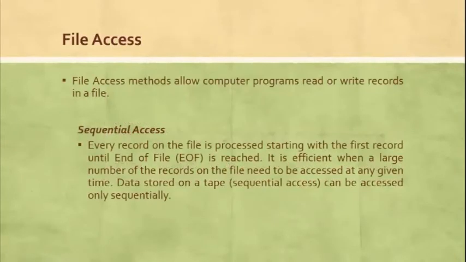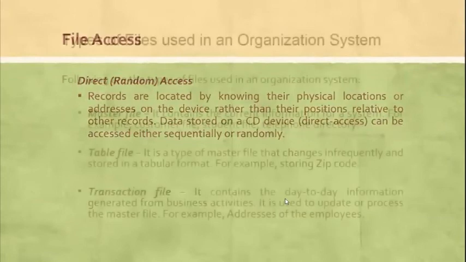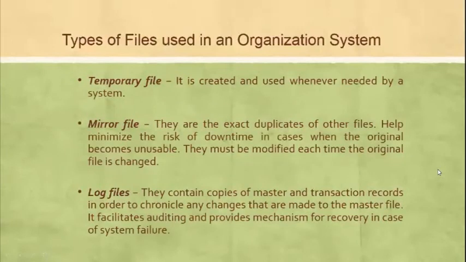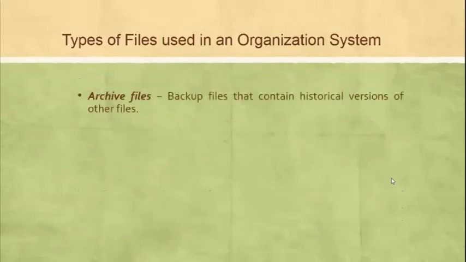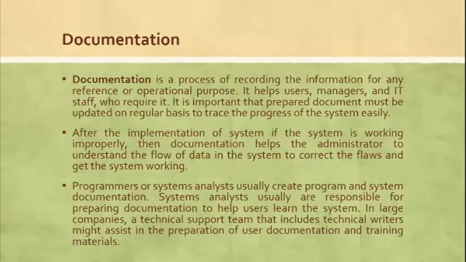Then for the file access, we have discussed and defined sequential access, direct random access, and then the different types of files used in an organization system. So we have the master file, the table file, transaction file, temporary file, mirror file, log files, and the archive files.